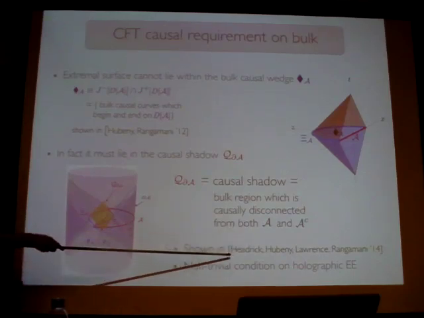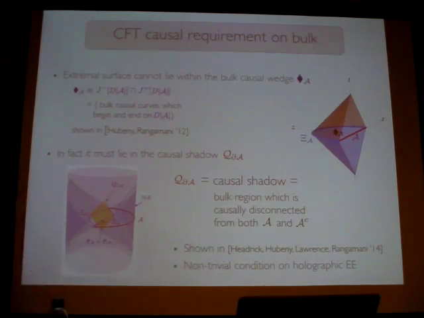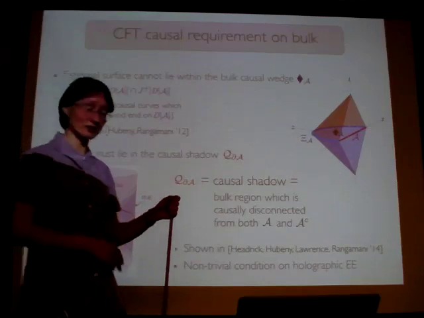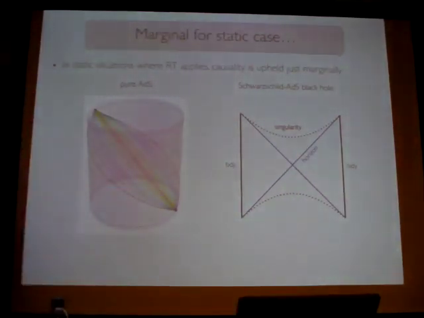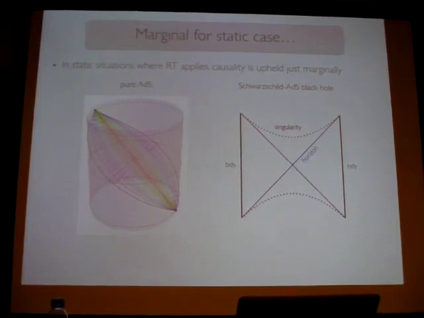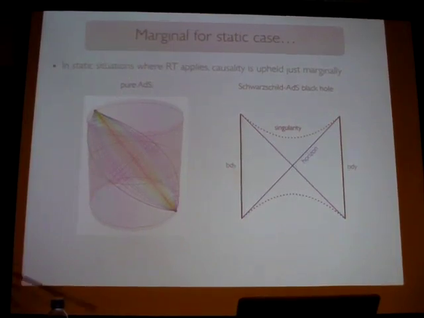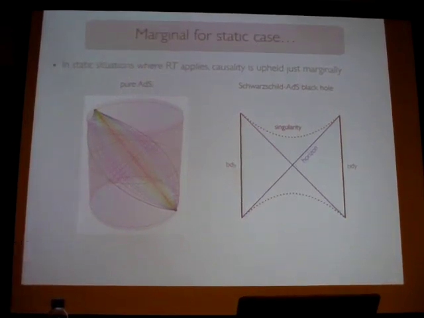And we have shown that this is indeed the case mathematically by using simple properties of the null geodesics in the bulk. But it's quite a non-trivial condition for this holographic prescription, and it's not something that was guaranteed. So already the static case, for which Ryu and Takayanagi's prescription was applicable, satisfies this condition marginally.